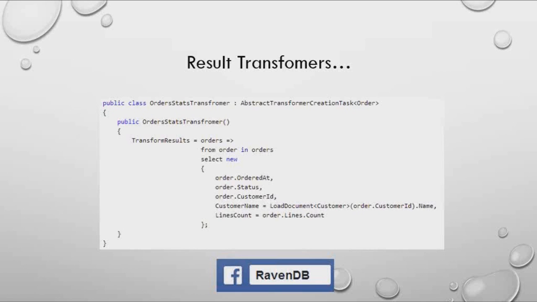Now, this gets interesting because you can apply a result transformer to any index. You can even apply a result transformer to a load operation. And that means that you suddenly have a lot more freedom. The trivial example is what happens if I want just enough information for a drop-down list, so I only need the ID and the name. I can write a single result transformer and apply it everywhere I need a combo box or drop-down list.